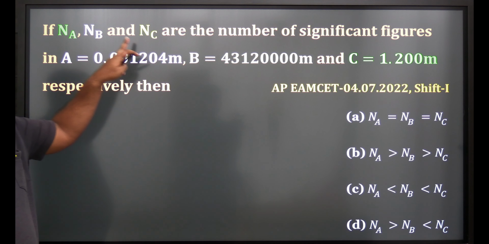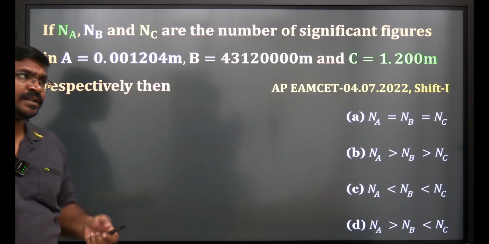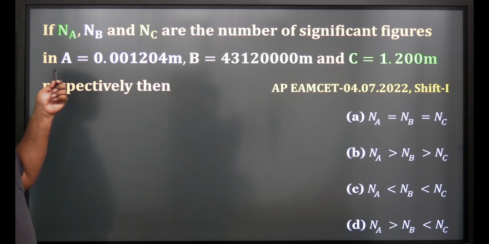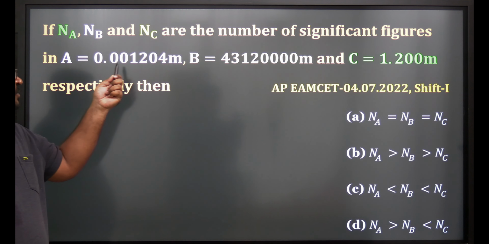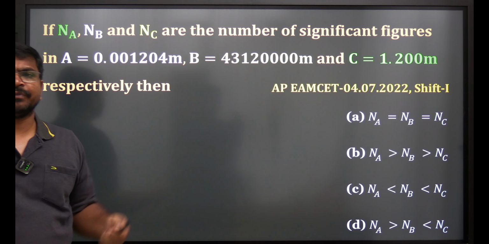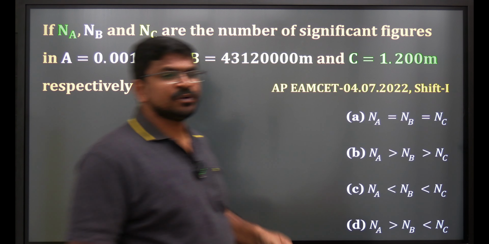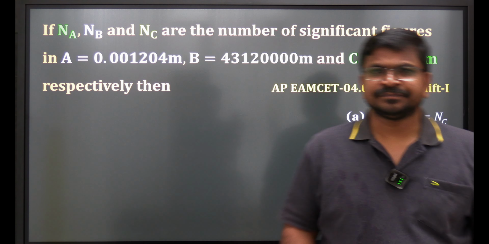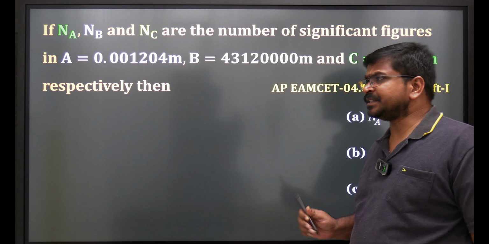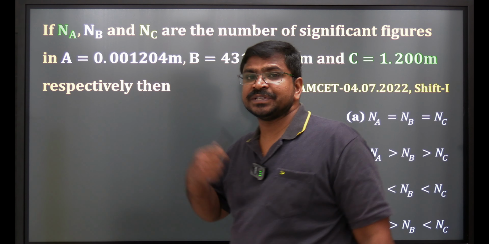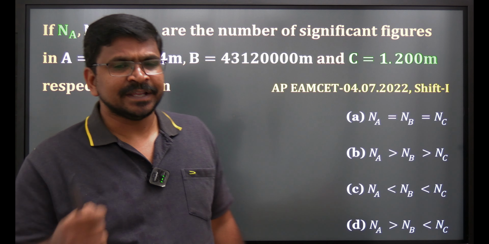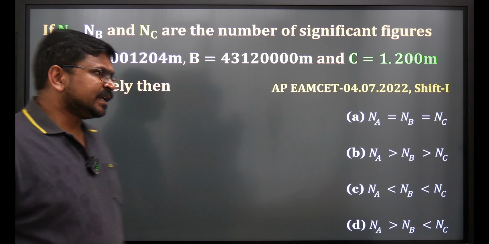If NA, NB and NC are the number of significant figures for the quantities given, A equal to 0.001204, B equal to 43120000, and C equal to 1.200, the question is about comparing the number of significant figures in the 3 quantities A, B and C. It is very simple.